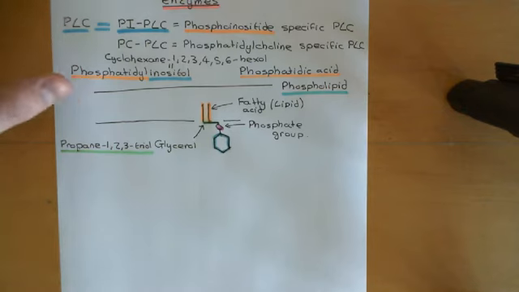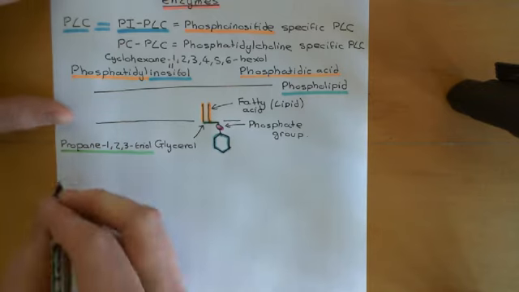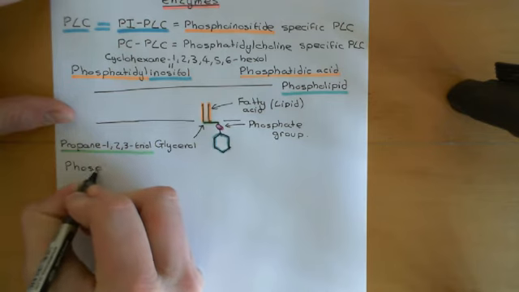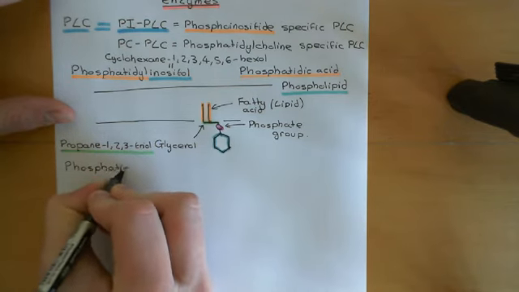So we will look at the one that's going to be really important for us. The main target for the phosphoinositide-specific phospholipases, the thing that they absolutely love to break down, is a molecule called phosphatidylinositol 4,5-bisphosphate.